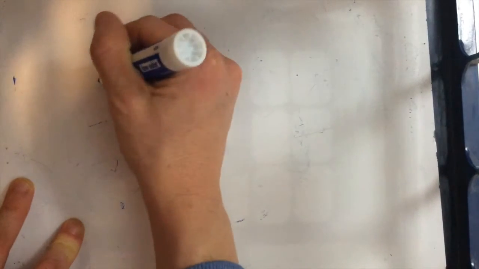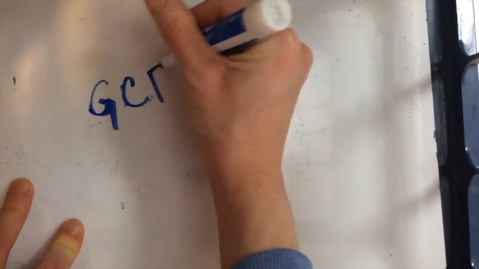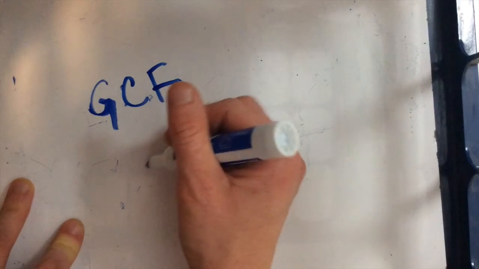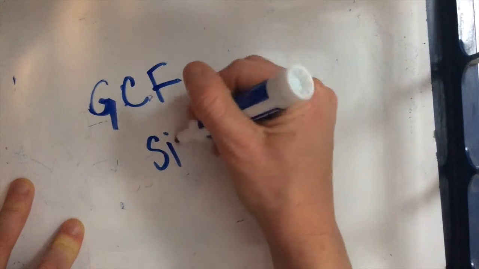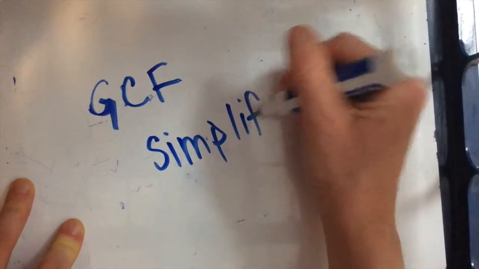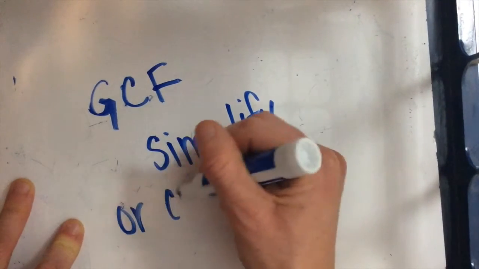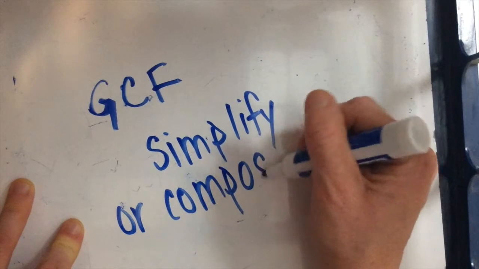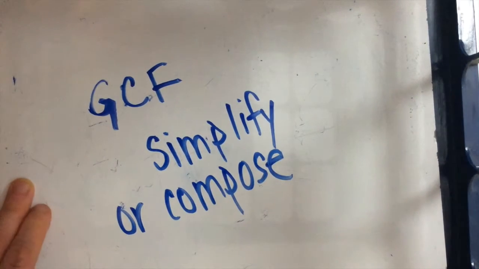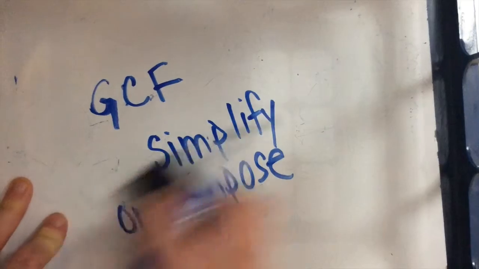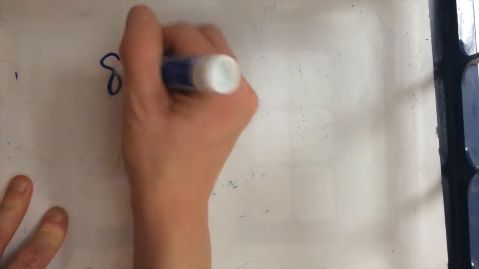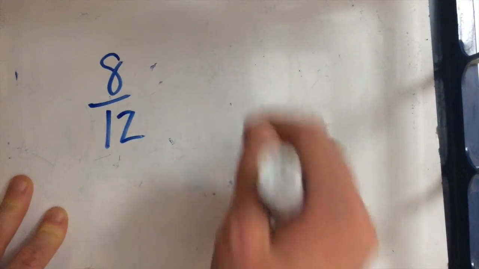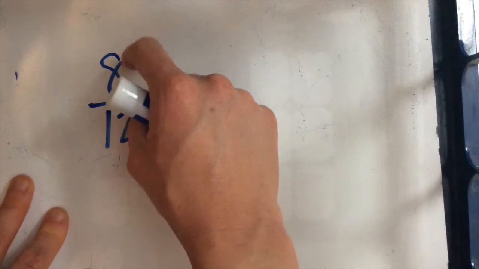When we're finding the greatest common factor, I'm going to abbreviate and say GCF, we use that to simplify or compose simpler or larger fractions, okay? So for example, in our last video on the greatest common factor, we found the greatest common factor between 8 and 12 so that we could divide both of these.